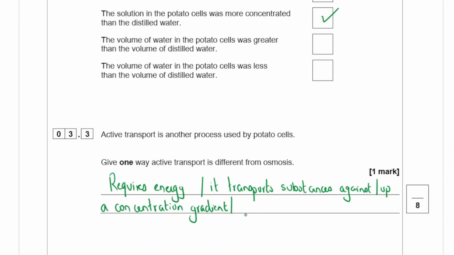And osmosis is the movement of water, whereas active transport involves transport of mineral ions.